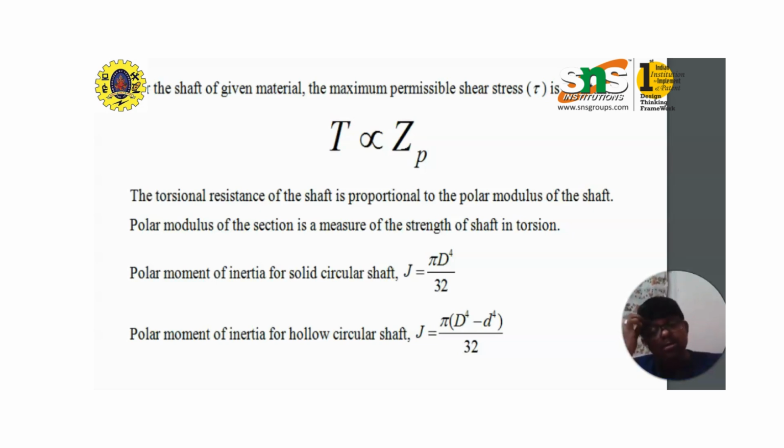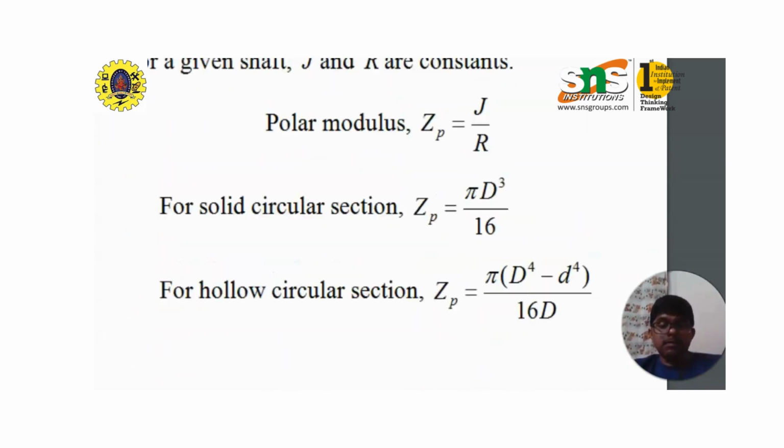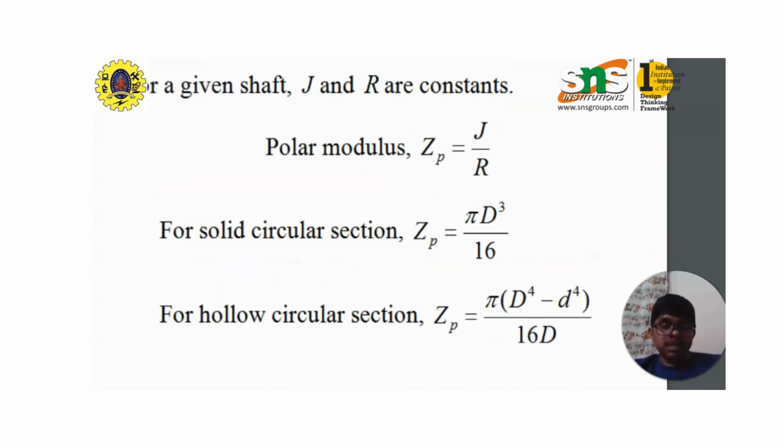Okay, so this value varies with respect to the polar moment of inertia, as seen here. Here, for the given object, if J and R are constant, J represents the polar moment of inertia, whereas R represents the total radius.